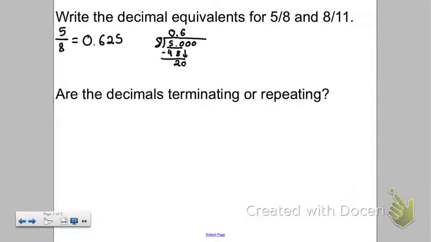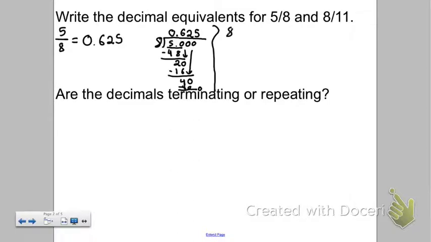I bring down my next 0. 8 goes into 20 2 times. 8 times 2 is 16 with 4 left over. I bring down my next 0. 8 goes into 40 5 times, and that gives me a remainder of 0.